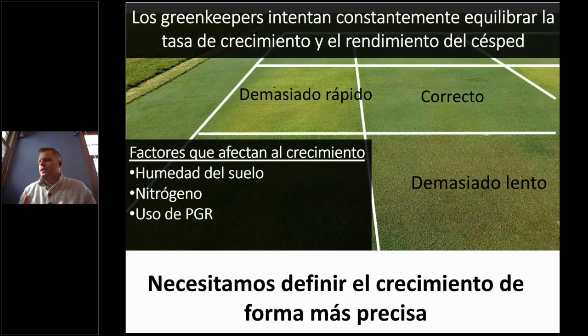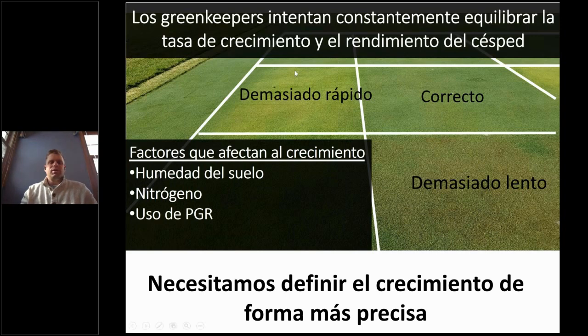Turf managers are constantly trying to manage their growth rate. Here's an example of a picture where I manipulated grass growth rate, not with nitrogen fertilizer or temperature or anything else. All I did was manipulate the amount of gibberellin in the plant.